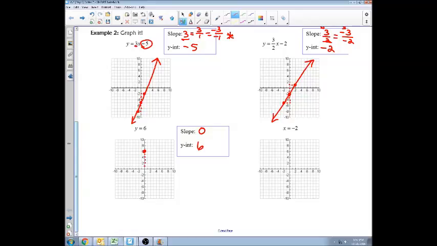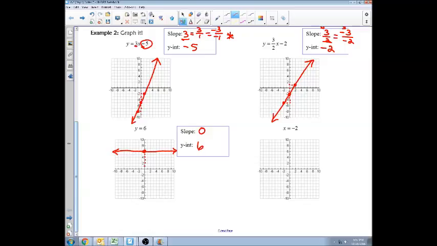That is my y-intercept. Now I don't have a slope. My slope is 0. If you remember from our last lesson, every time that my slope is 0, it means I have a horizontal graph. So I'm going to have a straight horizontal line all the way across at 6. Okay?